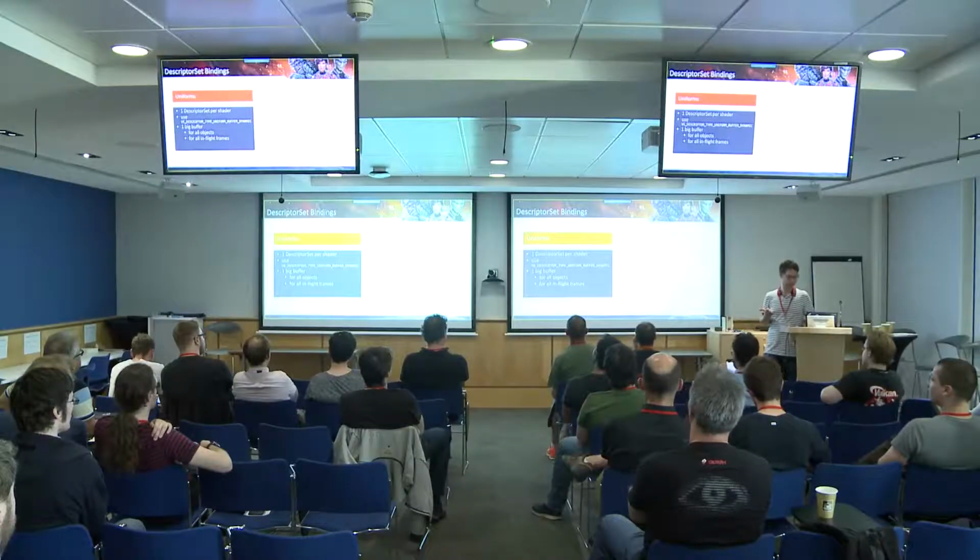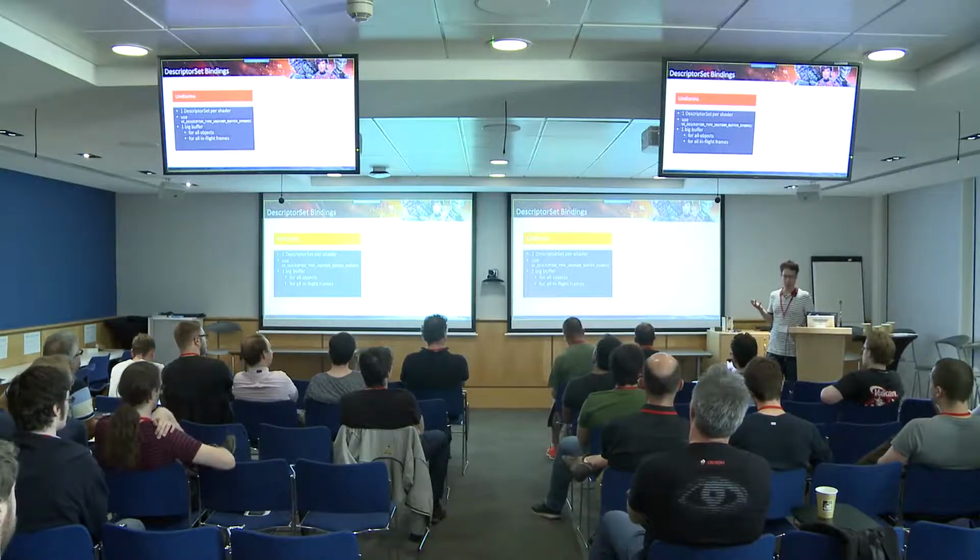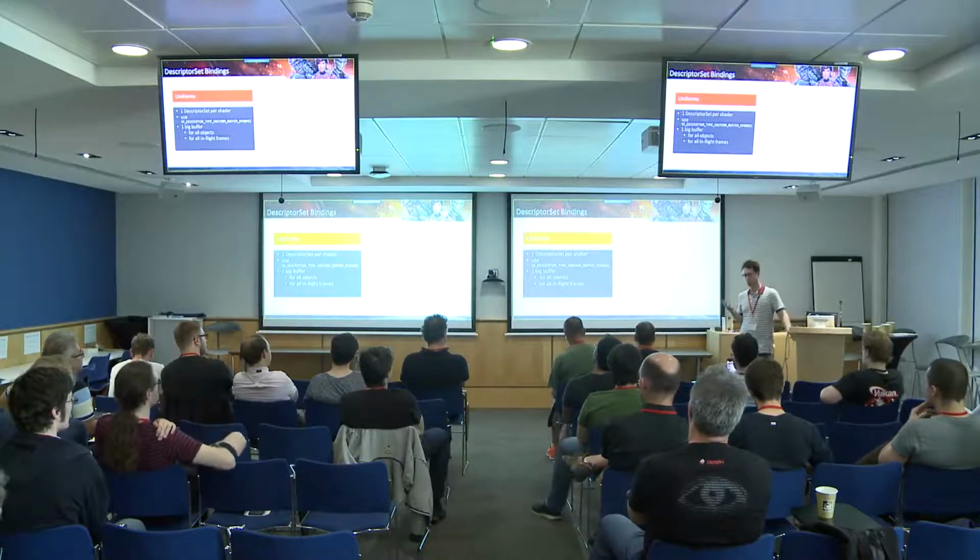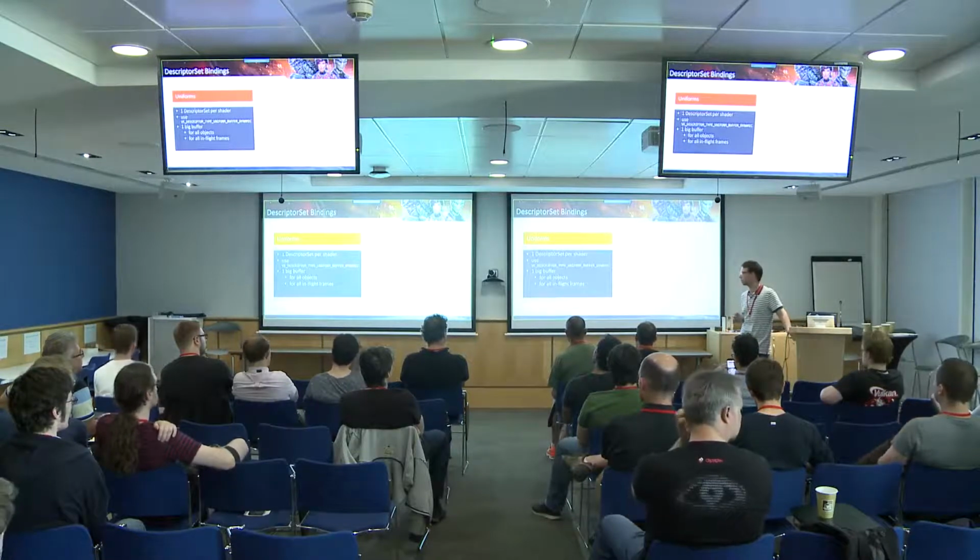Let's first talk about uniforms. We have one descriptor set per shader, because the descriptor set is basically influenced by what uniforms you have in the shader. The challenge if you want to use the descriptor sets is that you can't really change them while the GPU is still using them, which we already heard today.